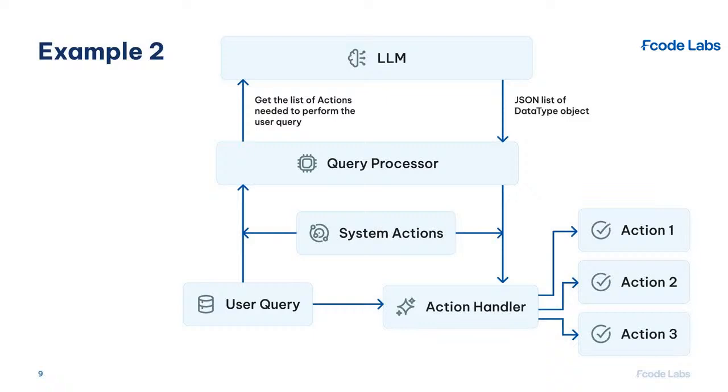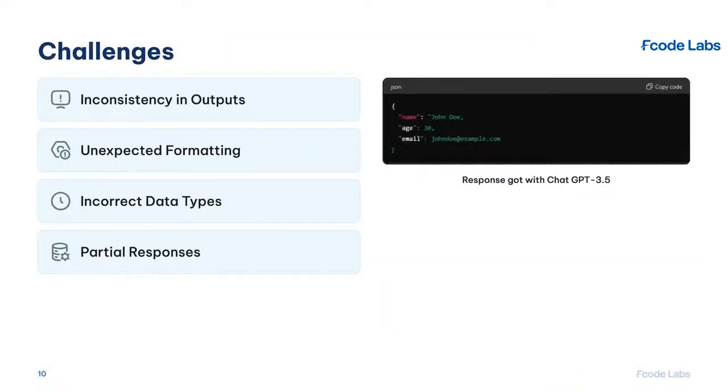With the user query, we send the system actions available and ask the LLM what is the next action to execute in this scenario. And LLM will give a JSON output, and we send that to an action handler in the system. And the action handler looks at the query and executes the system actions available. We'll go to the implementations of these things later in this presentation.